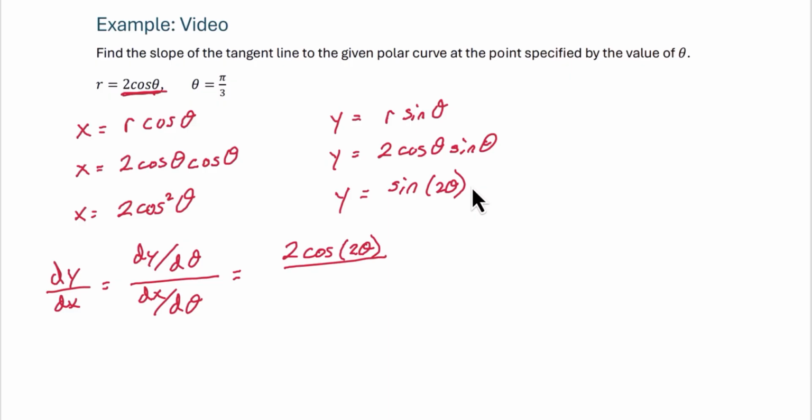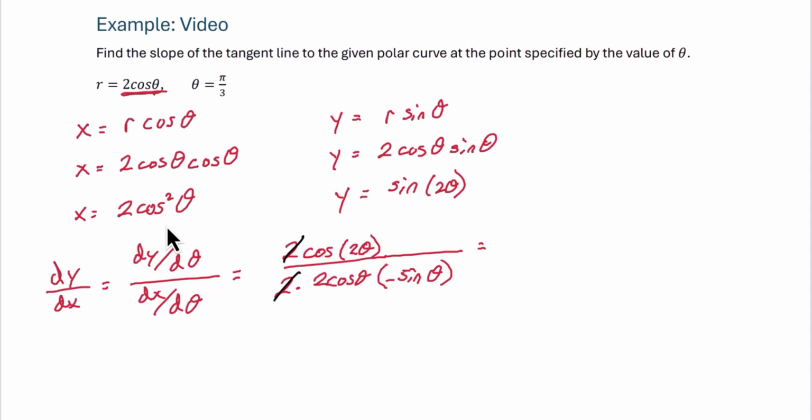Now let's focus on x and take its derivative. We get 2 times 2 cosine theta times negative sine theta. A little bit of chain rule happening there. And we can reduce those 2's out front.